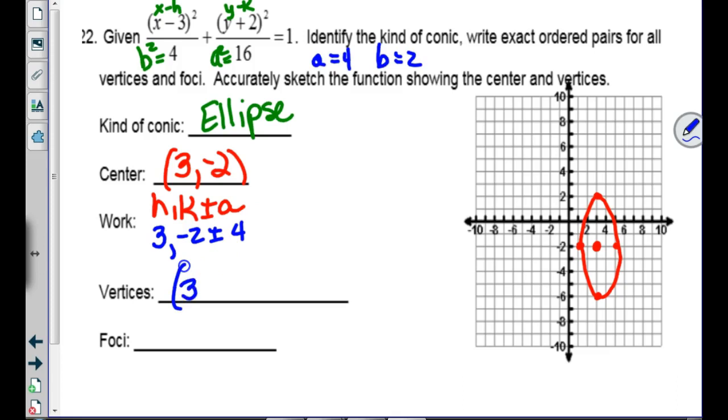So that would be 3, -2 plus 4 would be +2. And then 3, -2 minus 4 would be -6. If you want to list the covertices, you can, but as long as it just says vertices, you only have to list those 2. And it should check over 3 and up 2, and over 3 and down 6. And they should be the ones that went further out, right? If you accidentally do the wrong ones, you should be able to double check when you look at your picture.